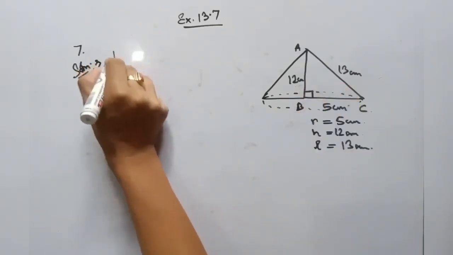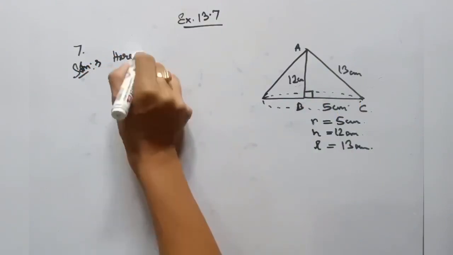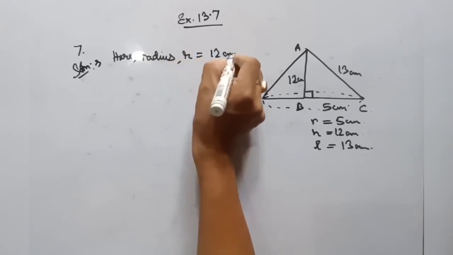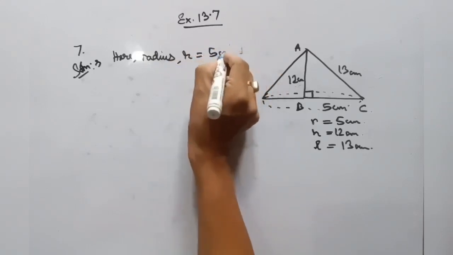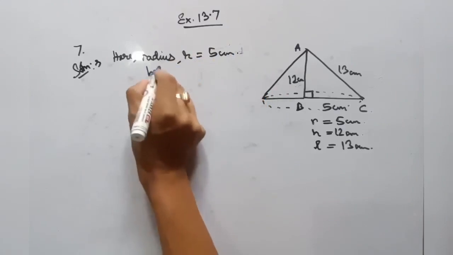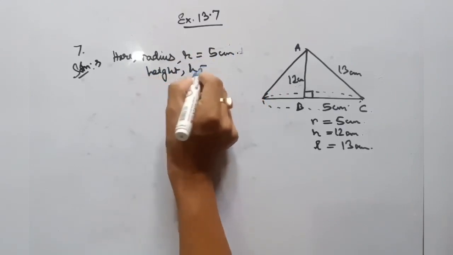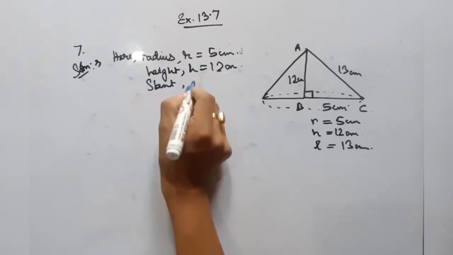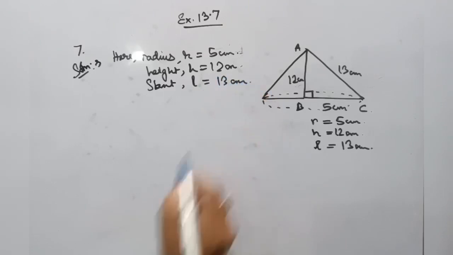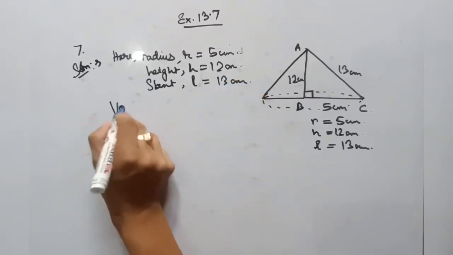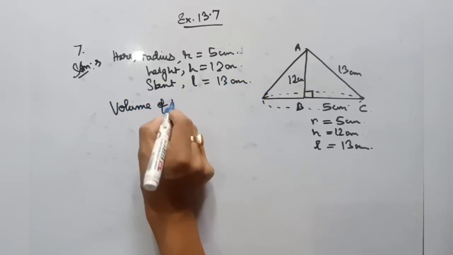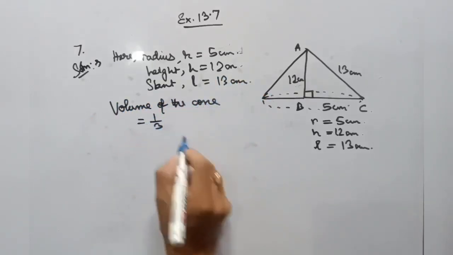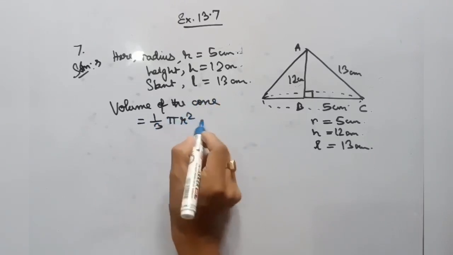So here the radius of the cone r is 5 centimeter, the height of the cone will be 12 centimeter, and the slant height will be 13 centimeter. And the volume of the cone is given by 1 by 3 pi r square h.